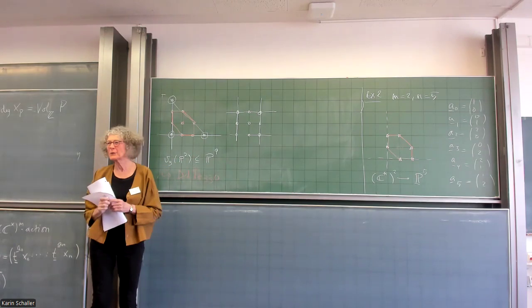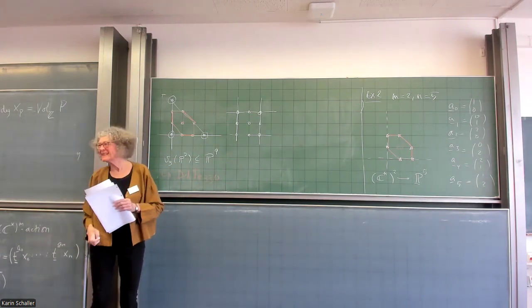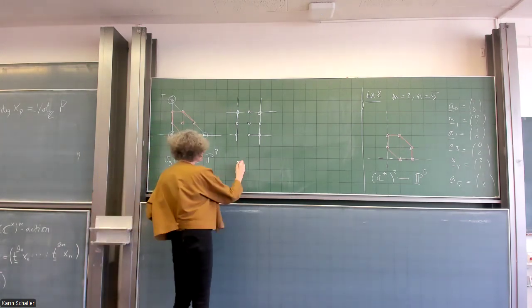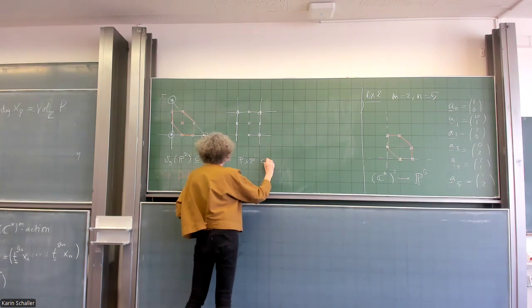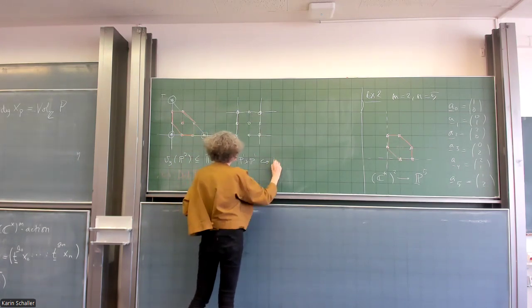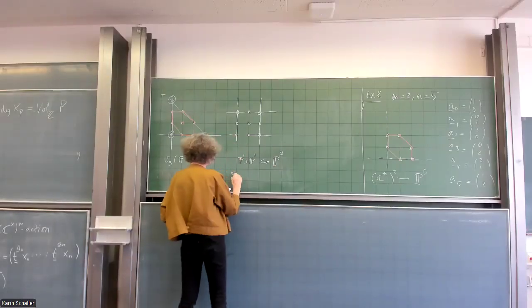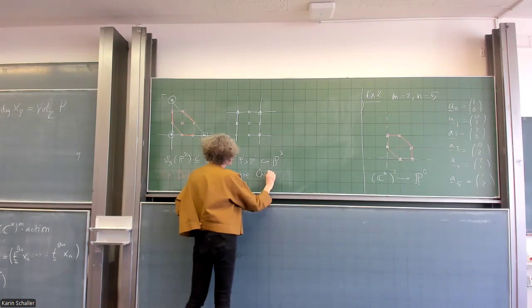Square, twice the square. You probably know. P1 cross P1 embedded by O(2,2). So this is the Segre P1 cross P1, not in P3, but in P8.